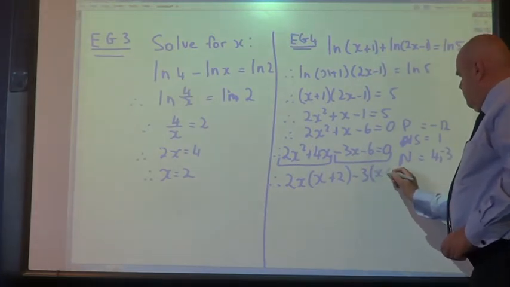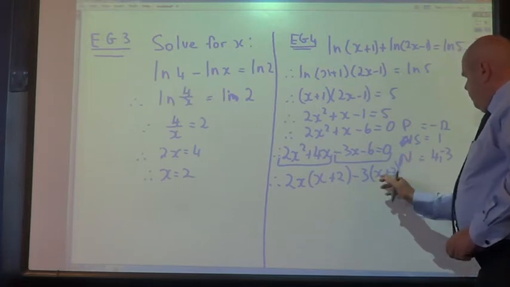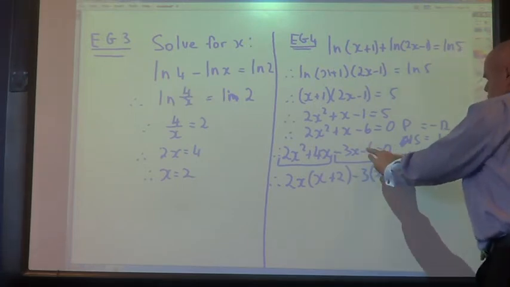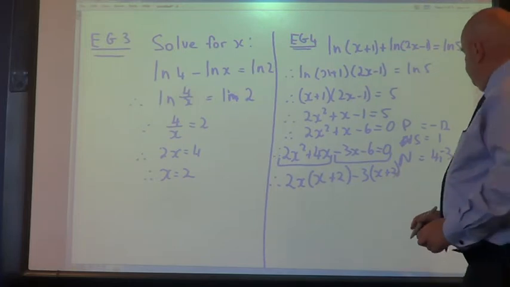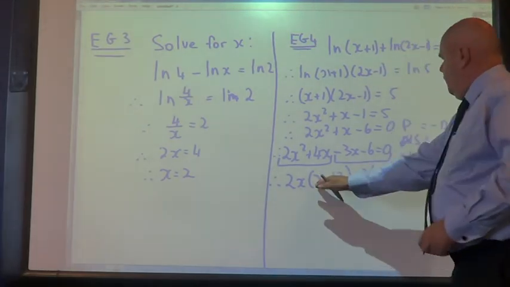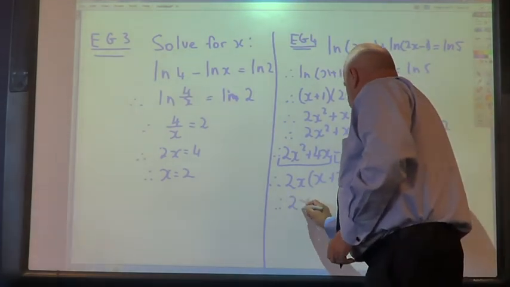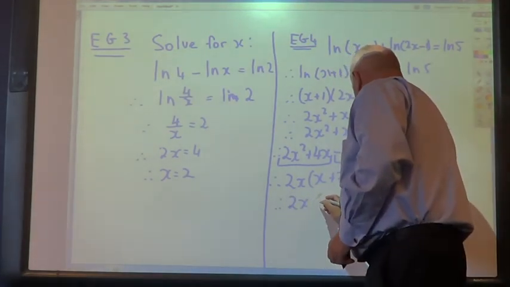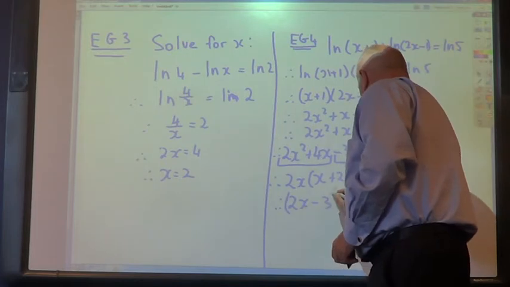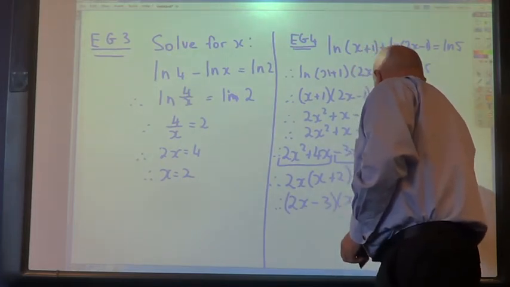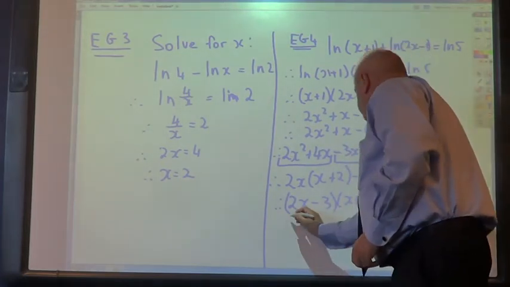It is x plus 2, sorry. Might surprise you, but a minus times a positive will be a negative. So now we will notice that what's in brackets is the same, otherwise we've mucked up. So 2x minus 3 and x plus 2 equals 0.